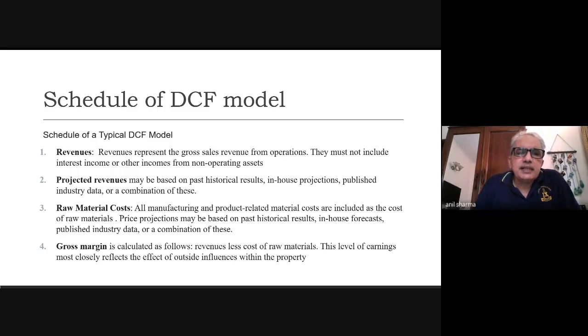You have the projected revenues, which may be based on past historical results, in-house projections, or macroeconomic data. Then you have the raw material costs, which get reduced from the projected revenue because that's a cost being incurred. You get a gross margin after subtracting the raw material costs from the projected revenues.